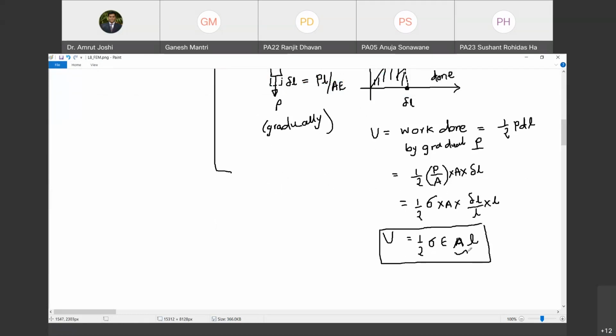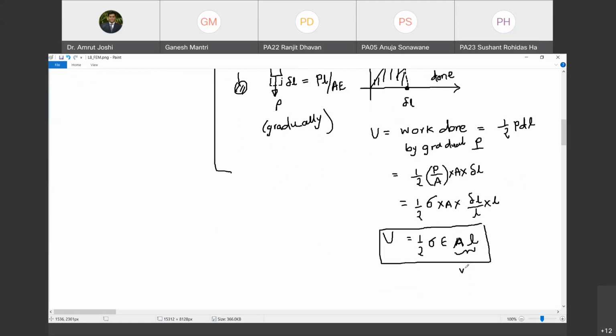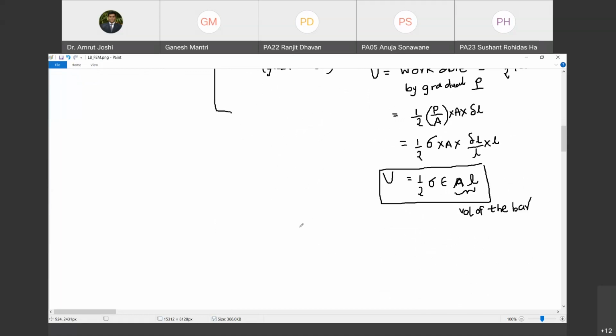Now, can you tell me what is A into L? A is the cross-sectional area of the bar, multiplied by L. Is it the volume of the bar? Yes, sir. If I ask you now, what is the strain energy stored in the body per unit volume?